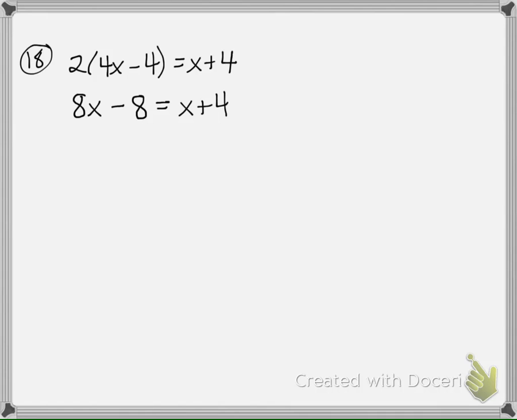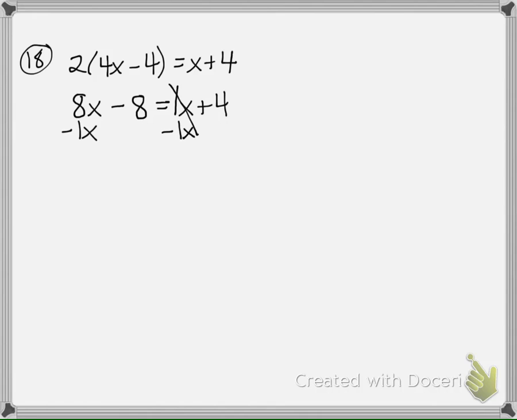So now I have 8x minus 8 equals x plus 4. I need to get my variables on the same side. So this is 1x there, right? So I'm going to subtract, since it's positive, I'm going to subtract 1x here, and I'm going to subtract it there.